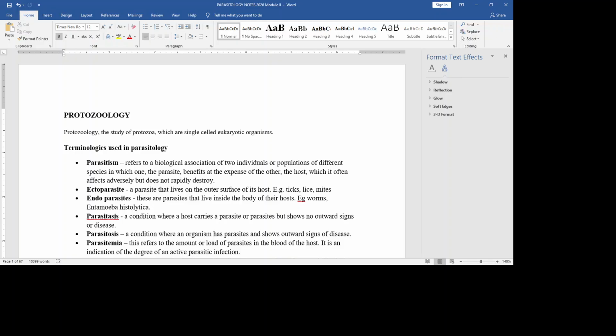And in this lesson, we are going to start with protozoa, and the study of protozoa is known as protozoology.